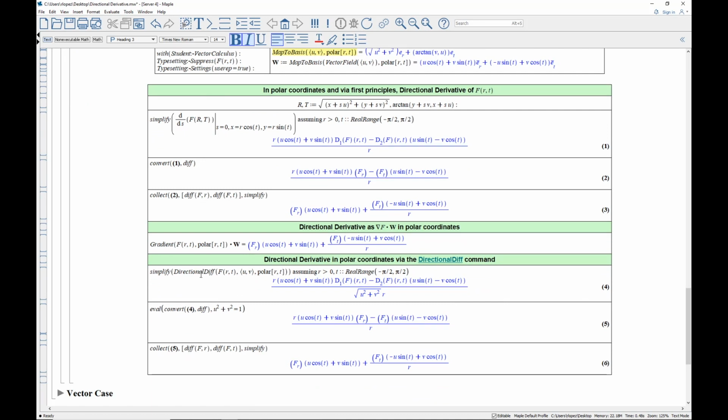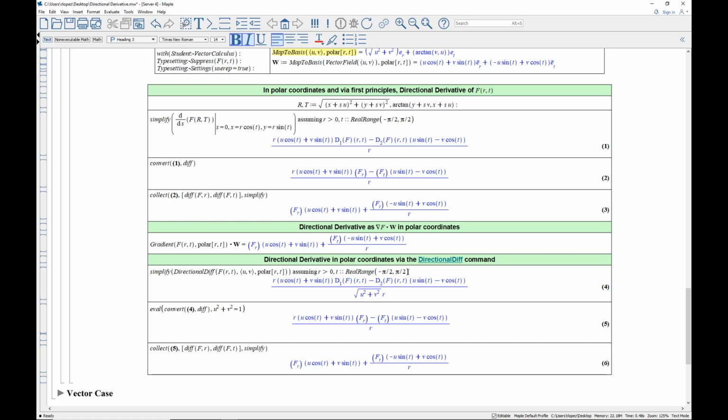Here's the directional diff command applied to f of r and theta in polar coordinates. This is the direction vector. Notice, just write down the two components, u and v. But when you tell it polar coordinates, it applies. And we do some simplifying.